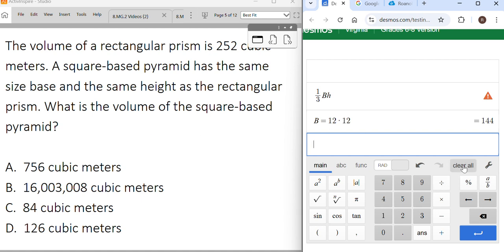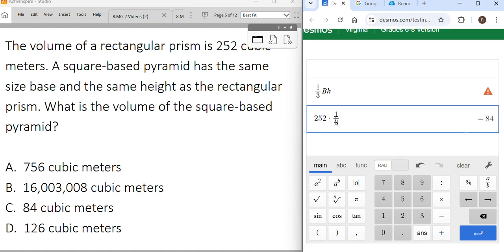First of all, you know by looking at the volume formula up here that a square-based pyramid is 1/3 the volume of a rectangular prism. So if I know my rectangular prism is 252 cubic units, you can multiply that by 1/3 and you will find out that the square-based pyramid has a volume of 84 cubic meters.